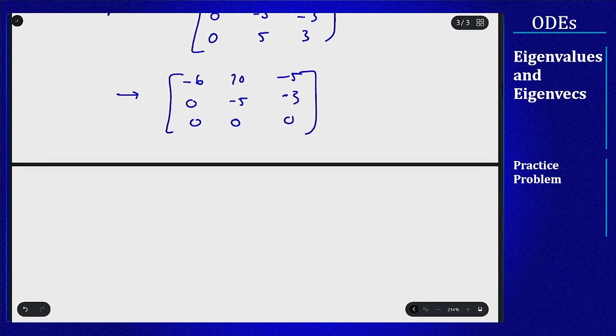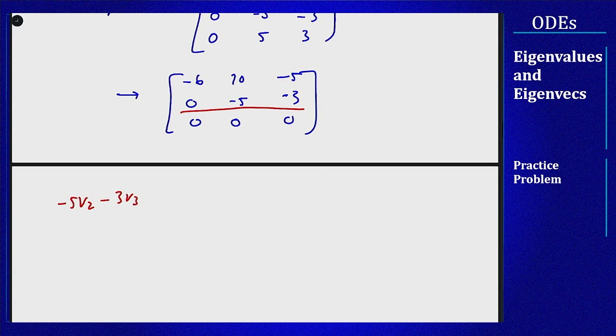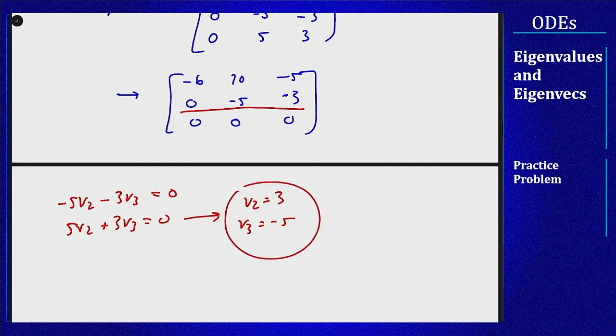Equation 2 tells me that -5v2 minus 3v3 equals 0, or making them positive, 5v2 plus 3v3 equals 0. I can do this by picking v2 equals 3 and v3 equals -5. 15 minus 15 is 0, we're good. I can then take those two numbers and put them into the first equation to see what v1 has to be.